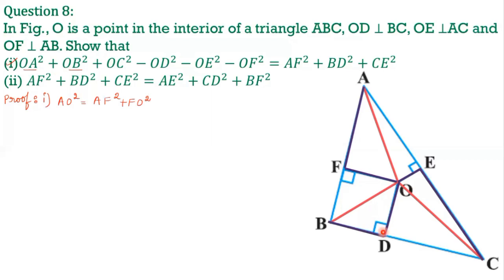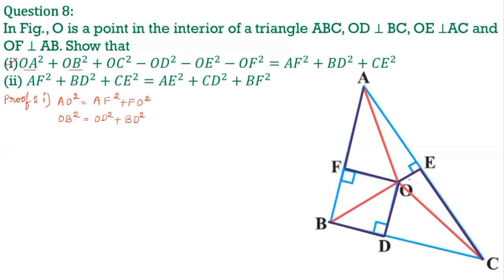Now apply Pythagoras theorem to triangle ODB, where angle ODB is equal to 90 degrees. So OB square is equal to BD square plus OD square, that is OD square plus BD square.